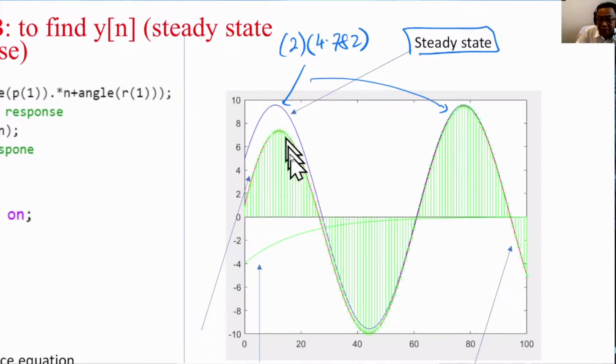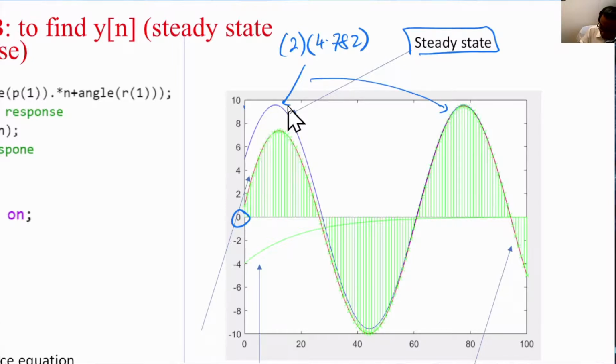So the steady state cosine looks like this, and it's phase shifted because at the time origin it is not sitting at the peak, it is shifted, delayed.